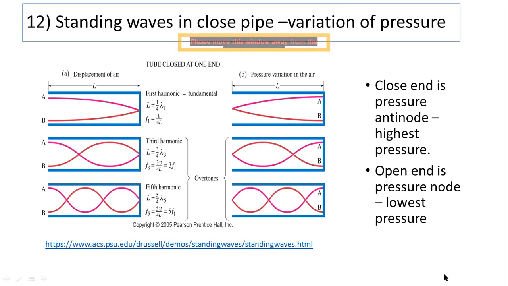The particles are together at the closed end, high pressure. The open end is vibrating with large amplitude, antinode. So the pressure will be the lowest. That's all we need to remember. Then draw, that's all. That's the best I can go over with you. But if you still cannot, you have to think over it.